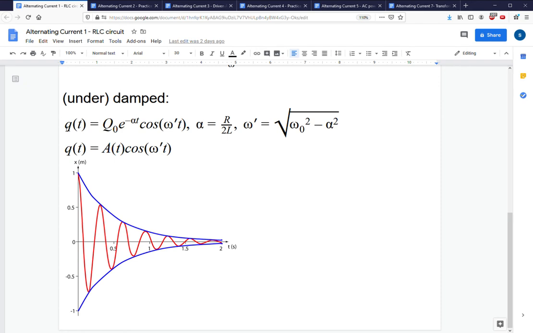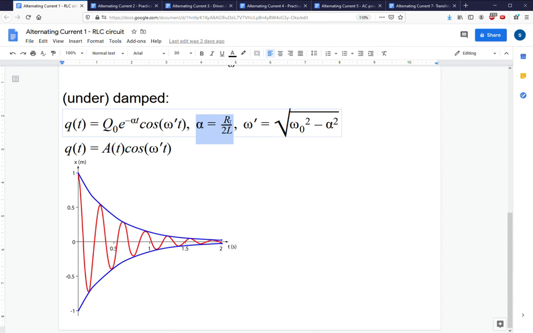For the underdamped case, the formula for, again, I'm using charge, but you can use any electrical quantity you want, is given by this formula right here. Q naught represents the maximum value at the initial time. This alpha is called the damping coefficient, and it's given by this formula right here, R over 2L.